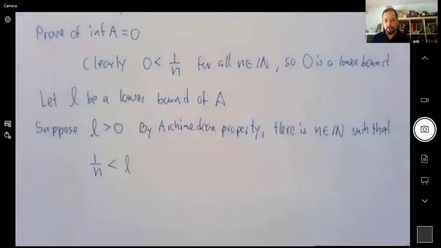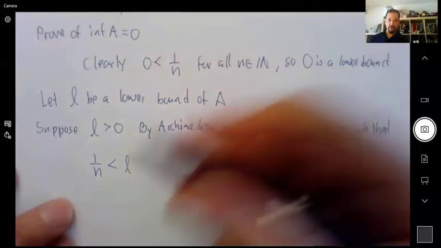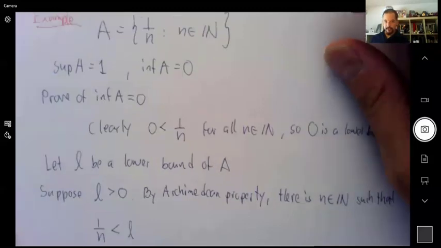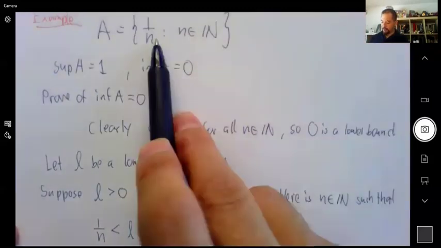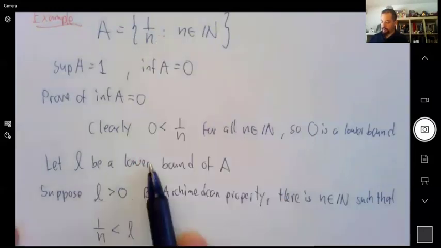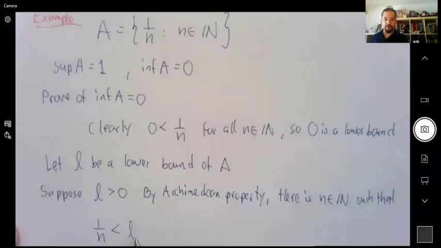Okay. But wait a second. That seems fishy because didn't we say that L was a lower bound? Being a lower bound means that it is smaller than all of these numbers. And suddenly L is bigger than one of those, right? That's a contradiction.